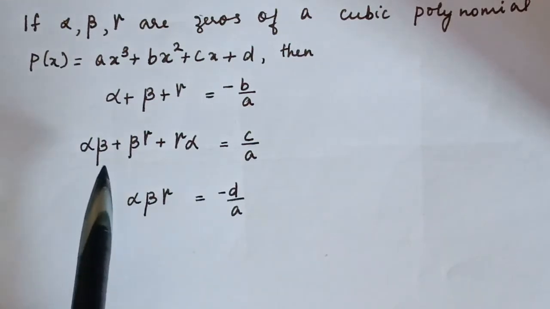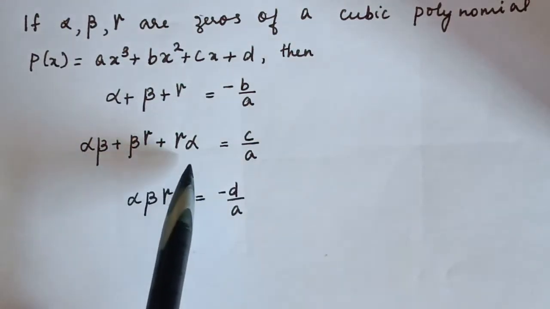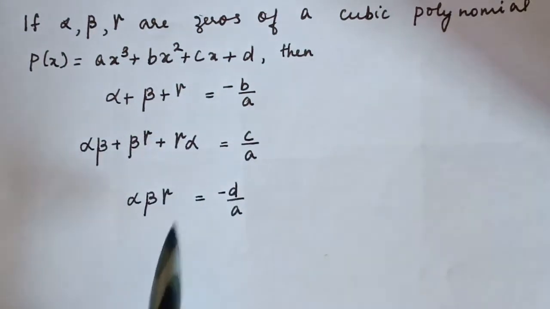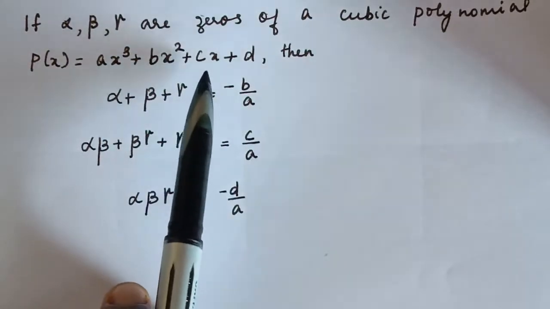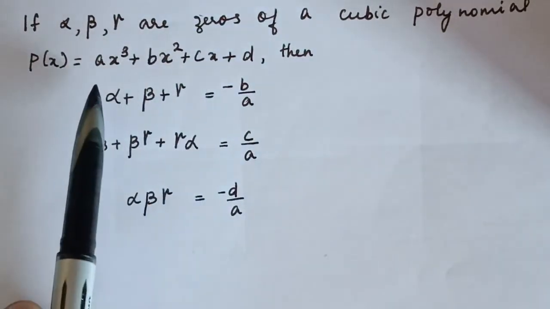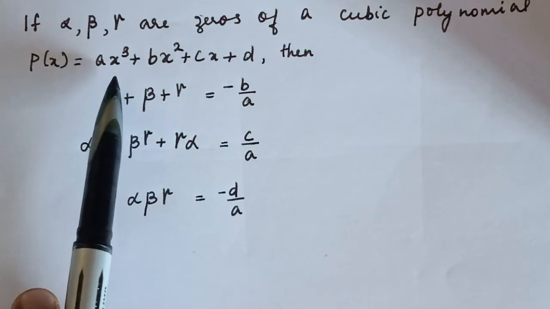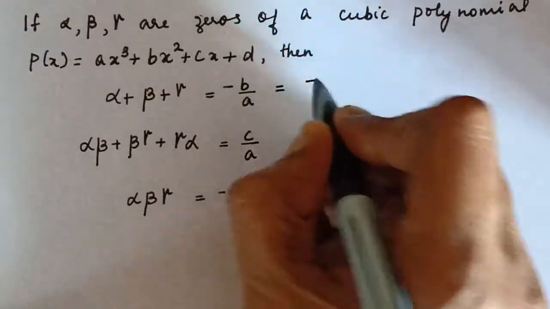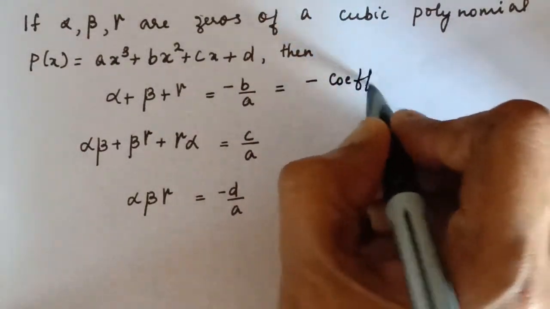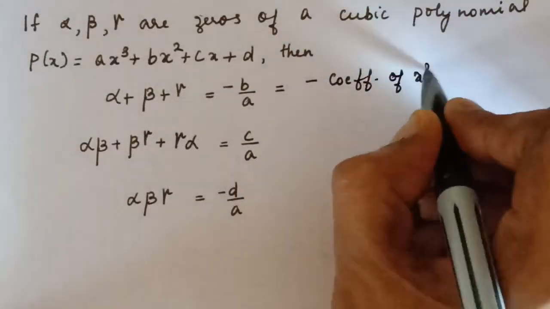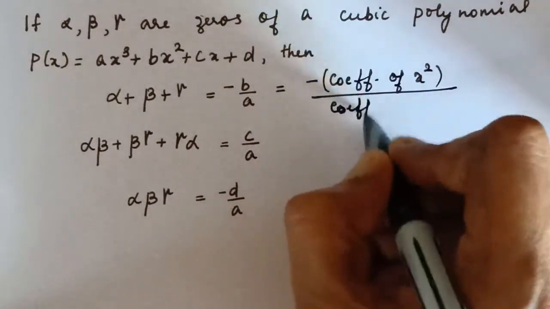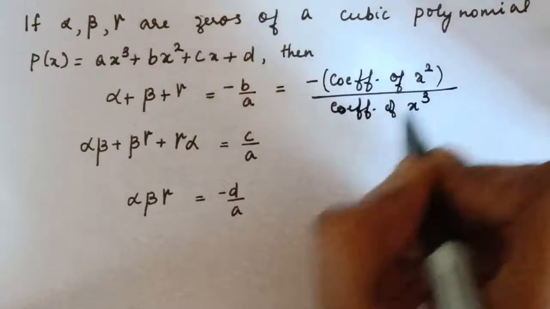The second one is alpha beta plus beta gamma plus alpha gamma is equal to c by a. What is c by a? Coefficient of x by coefficient of x cube.